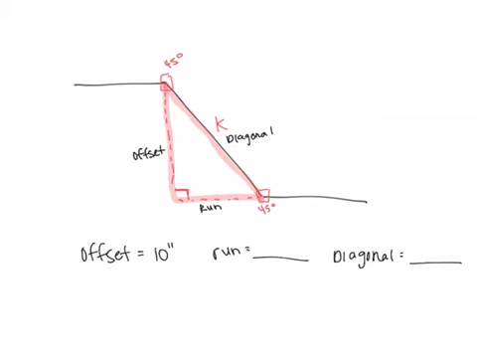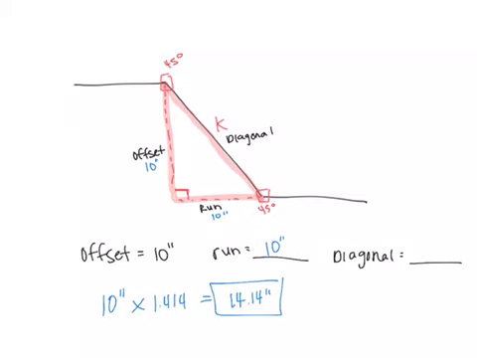They tell us the offset is 10 inches, so this is 10 inches. Now you should notice your sides of your triangle are identical because you have 45-degree fittings. So my run is also 10 inches. And my diagonal is my side, so 10 inches multiplied by 1.414, which equals 14.14 inches. And that's just about 14 and an eighth or so. I would have to do a conversion.